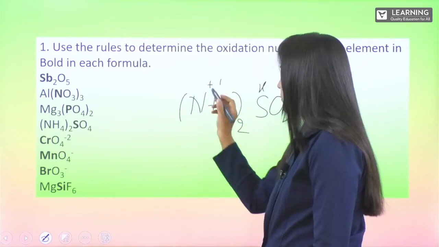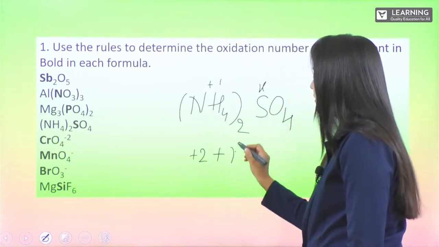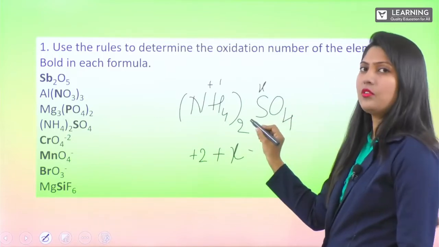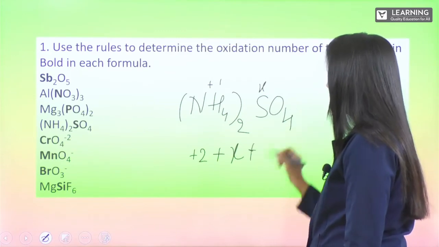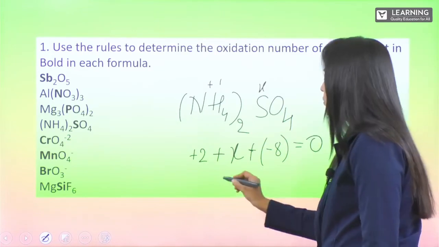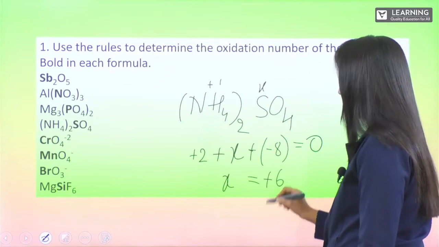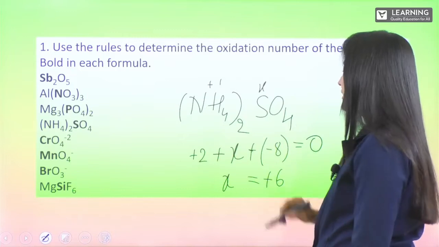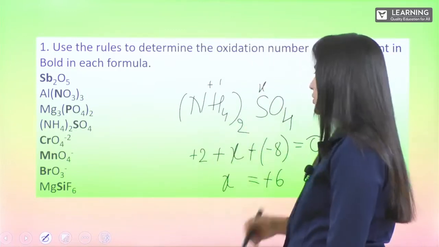So totally +1 into 2, plus X. Then we have this 4, which is only for oxygen, not for sulfur. So we have oxygen, 4 2s are 8, so it will be -8, which will be equal to 0. Minus 8 plus 2 is minus 6. On the other side, if you transfer it, we get X equals +6.